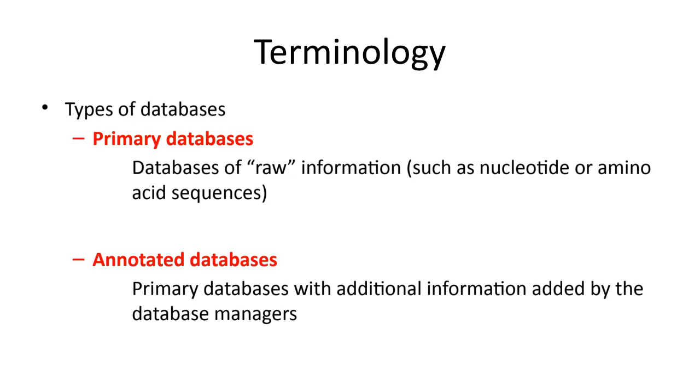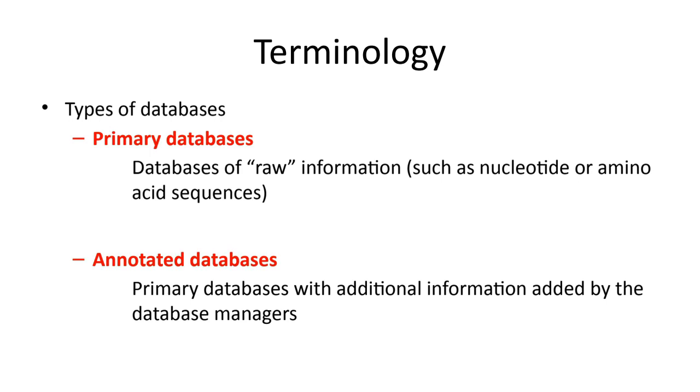In biology, those are cool and all, but they are not all that useful. In biology, most likely you will be working with what is referred to as an annotated database. Annotated databases have the information from a primary database. They have the raw information, but then they have a lot of additional information added. Like if you were dealing with the full genome sequence of an organism, and you just wanted the sequence, just the A's and T's and C's and G's of the DNA sequence, you could deal with a primary database.